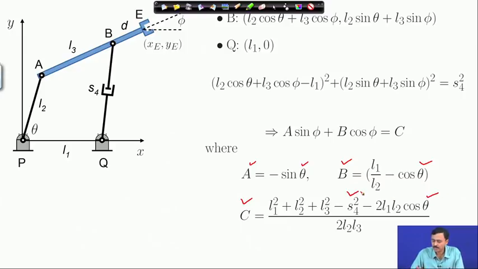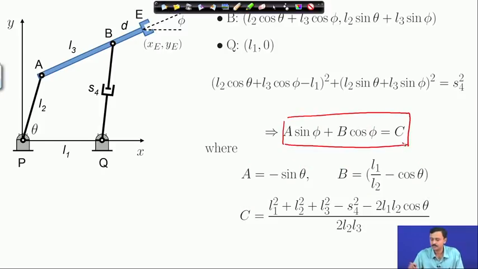So, therefore, A, B and C are completely known to me. So, what is unknown is phi, which I need to solve from this equation. So, I need to solve this equation in order to find phi.